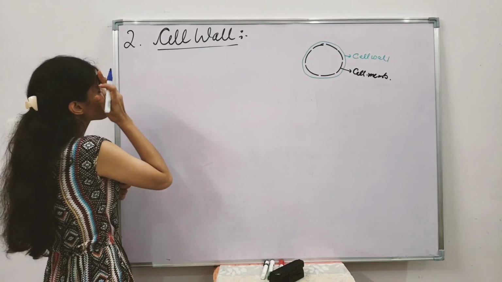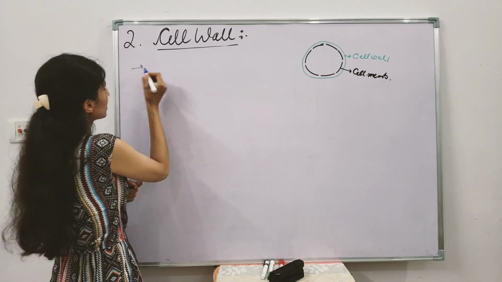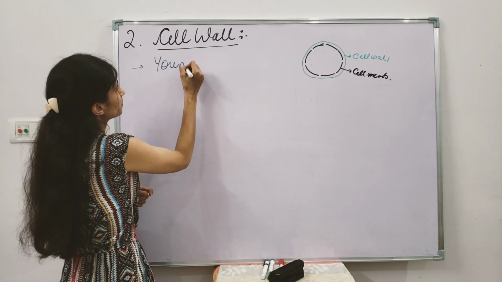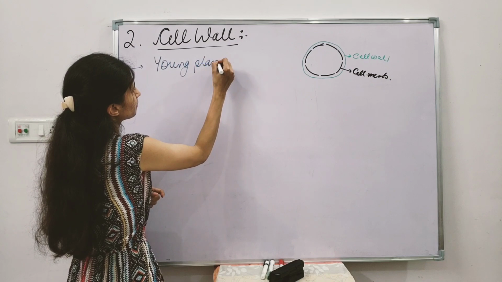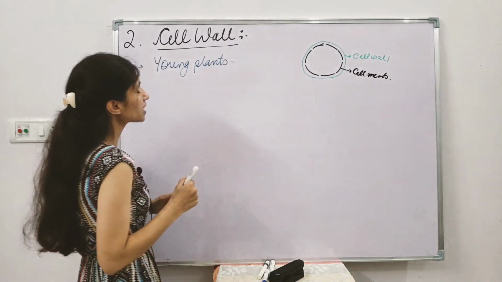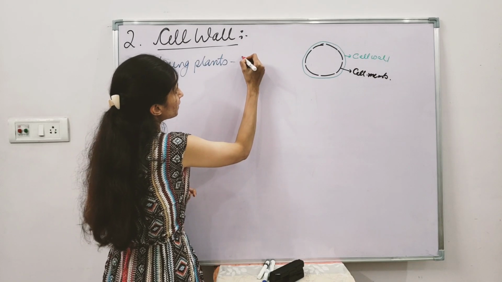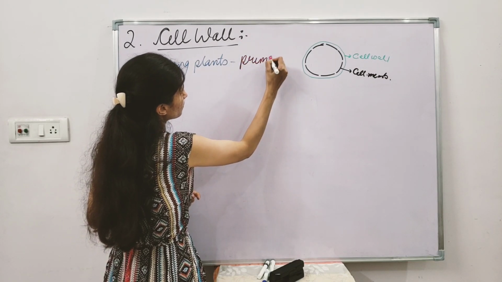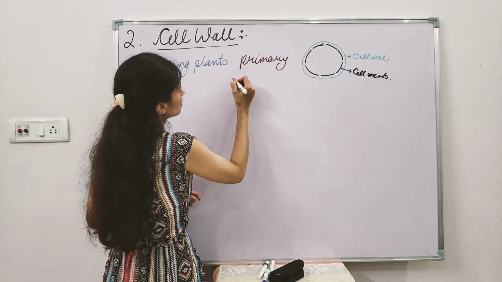Now if you look at the structure of this cell wall in young plants, what happens?